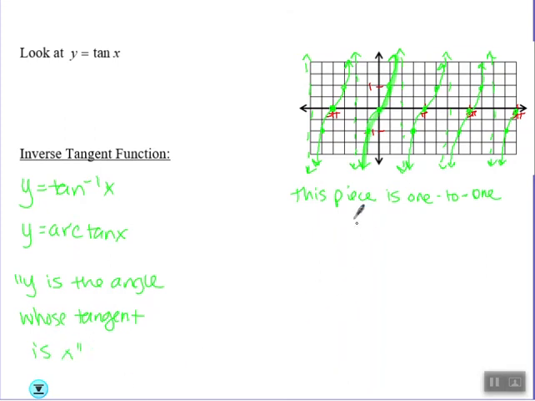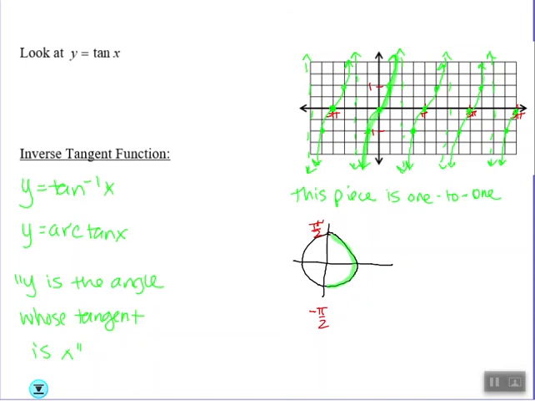So if we take a look at the unit circle, that means for inverse tangent, we are looking at this part of the graph between -pi/2 and +pi/2.